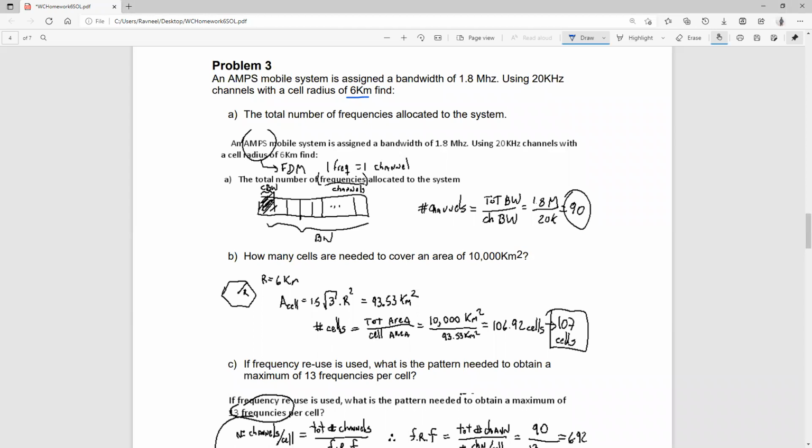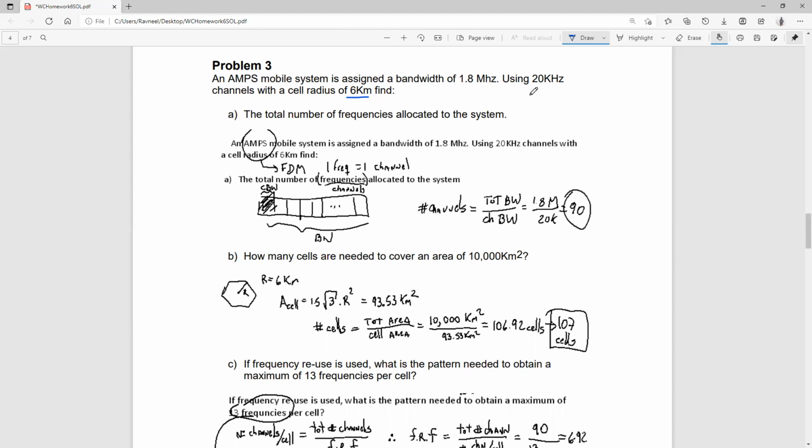And in an AMPS mobile system, we need to cover this much bandwidth using 20 kilohertz channels.